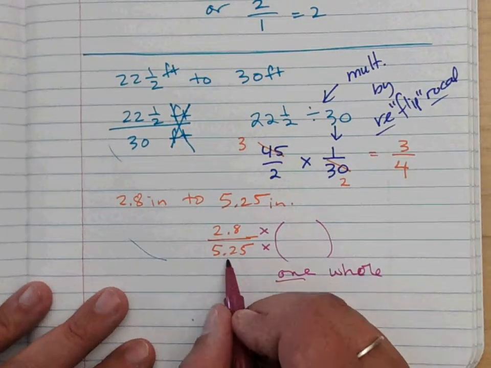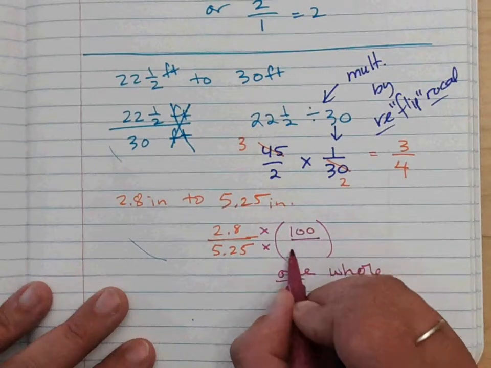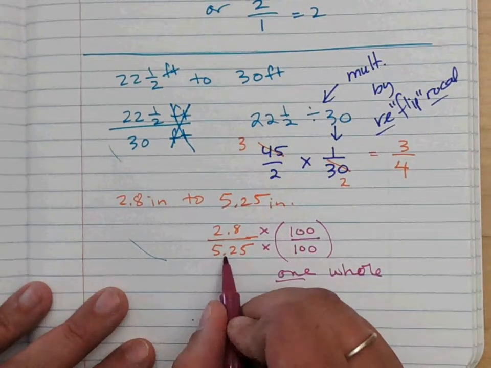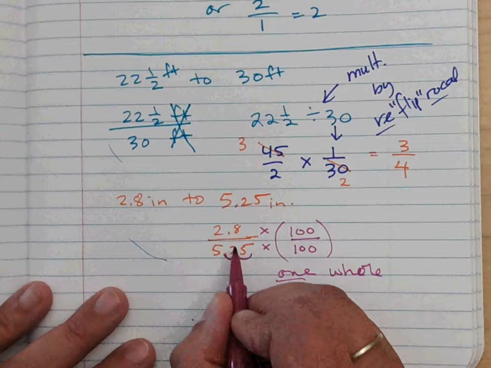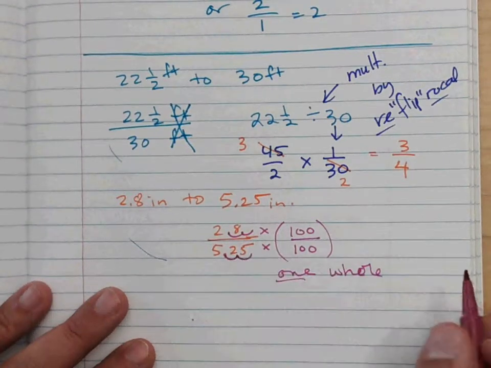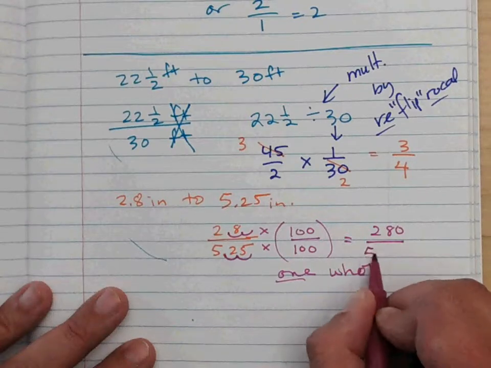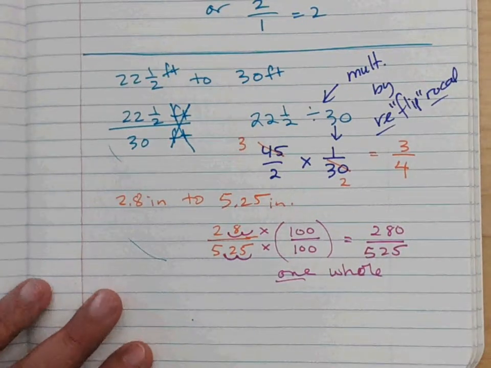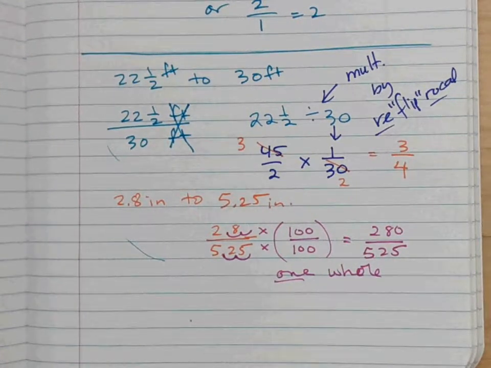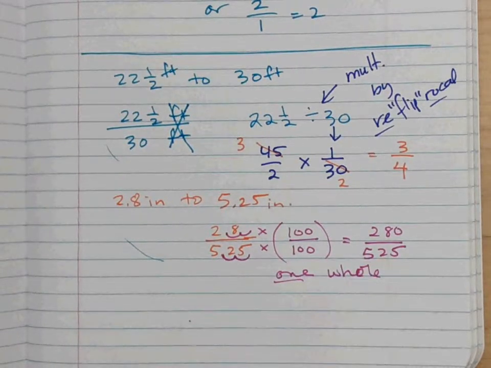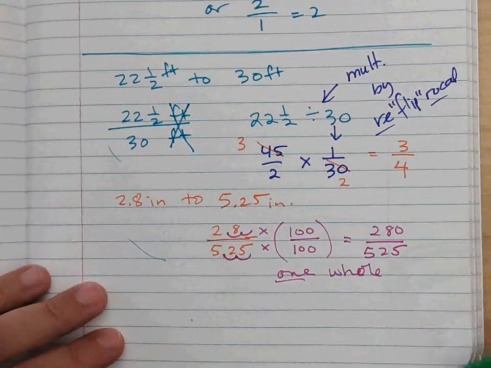So if I multiply by 100 over 100, and why am I doing that? So that I can move the decimal to make this a whole number. So this becomes 280 over 525. And you might be asking, well, how is that easy to reduce now? We want to look for, once they're whole numbers, it's much easier to find a number that's going to go into both numbers.